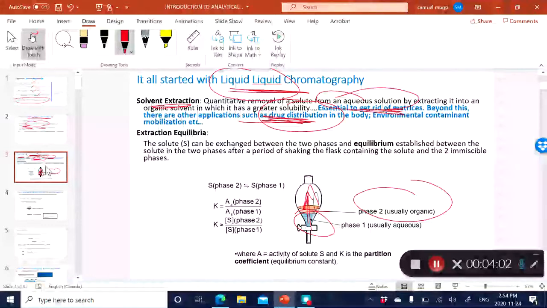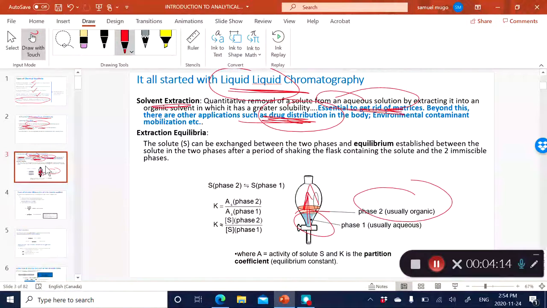Our bodies are made up of fat, which is hydrophobic, but they're also made up of lots of water, the blood, which is a solvent that distributes most of the drug. Drug is involved in distribution between phases, the fat, organic phase, as well as the liquid phase or the aqueous phase, which is the blood in this case. So for pharmacokinetics, drug distribution in the body, again, this very simple type of equilibria is relevant.